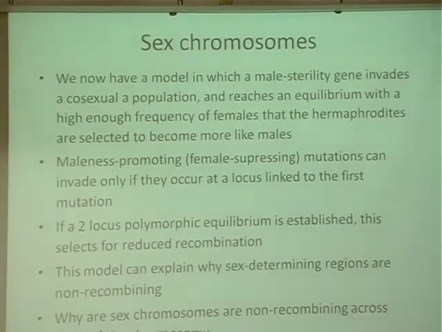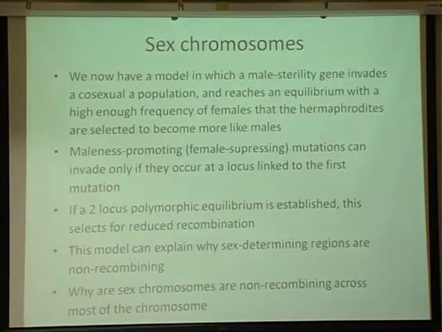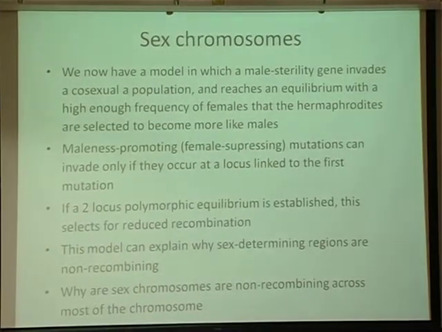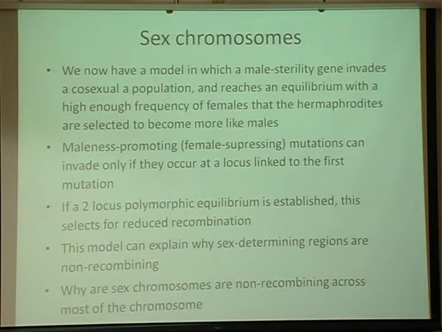So that's very quick and simple. It falls straight out of the concept that we have at least two mutational steps that have to spread and become polymorphic in the population. Okay?